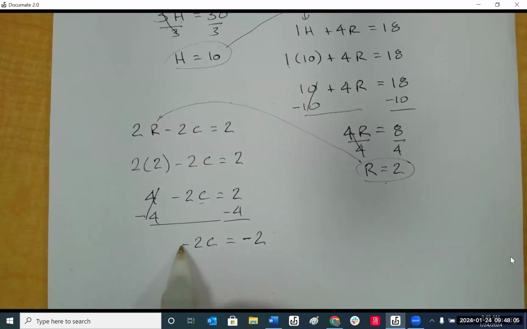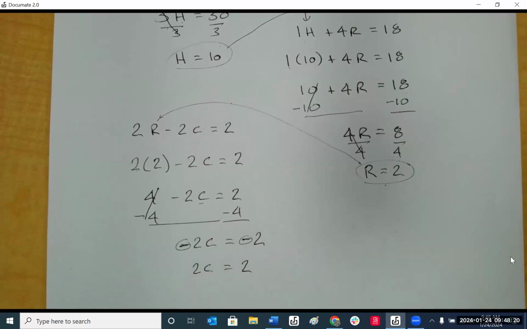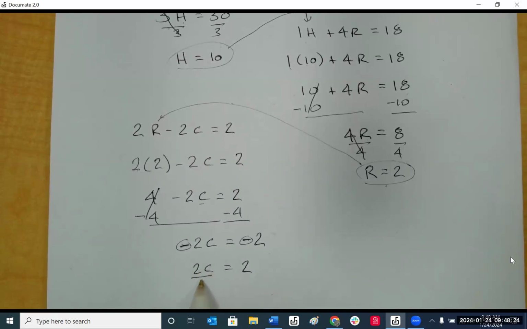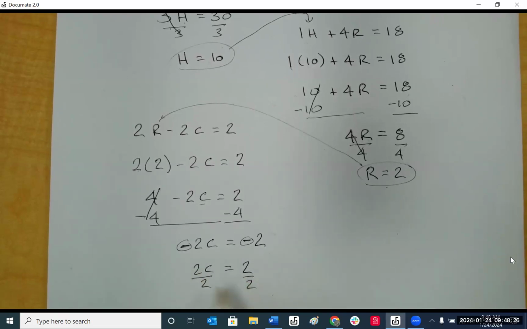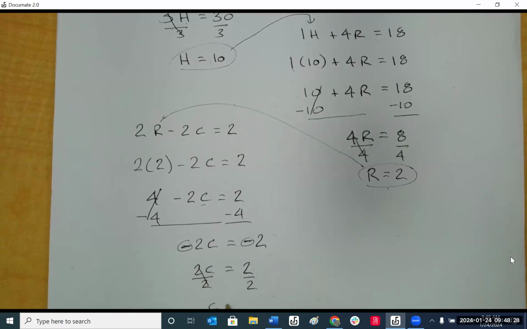Since that's a negative, we're trying to get to C, just change every sign across the equation. Any plus, change it to a minus, any minus, change it to a plus. So it becomes 2C equals positive 2. Never divide by negatives. Now we divide by 2. So C is equal to 1.